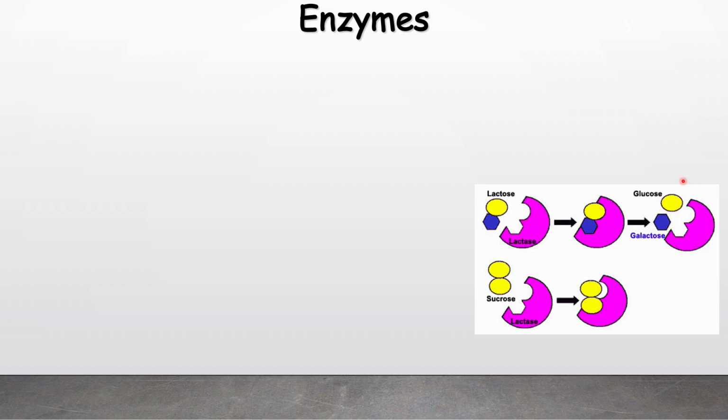Remember, products are something new. And what's happened is you started with lactose, a type of sugar. The product is going to be a glucose and a galactose, two different types of sugar. But my enzyme is exactly the same. That did not change.